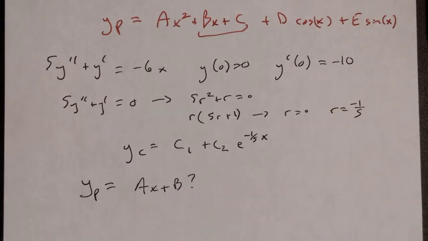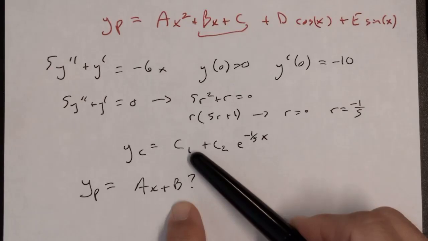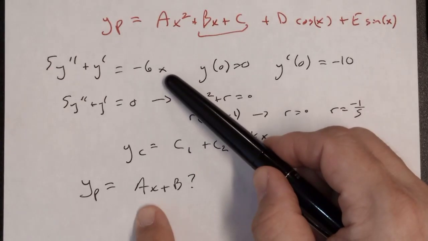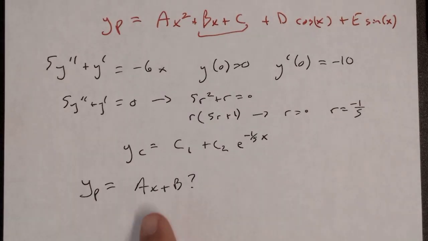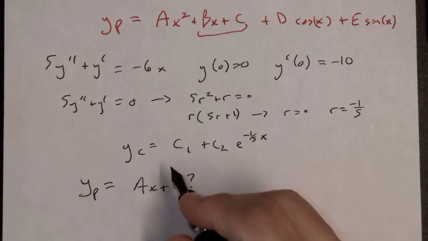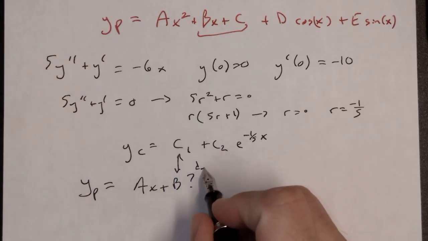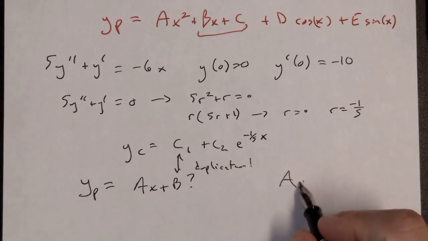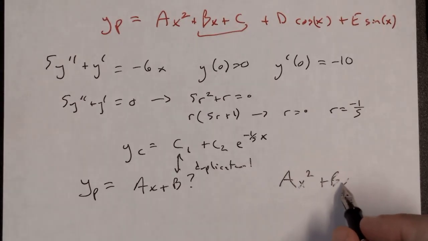Except that duplicates this, doesn't it? And that x duplicates this. All right, wait a minute. That's a problem. Since this would duplicate, I need an extra x. Really, I should do ax squared plus bx.